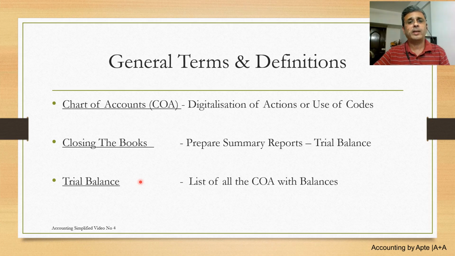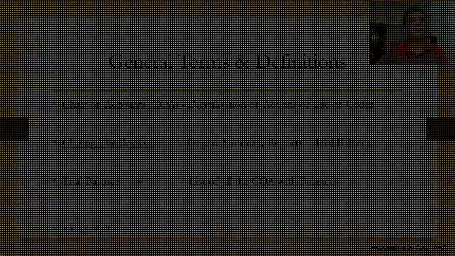Those who are now in 11th or 12th standard would definitely know this word trial balance, because in the exam paper they are given the trial balance and then they are asked to prepare P&L and balance sheet. So based on the trial balance, where list of all chart of accounts along with the balances thereof, they appear vertically. Format can be anything, but generally they appear vertically, debit and credit. Clear? Let's move to the next slide.